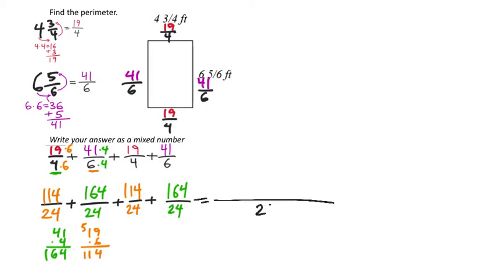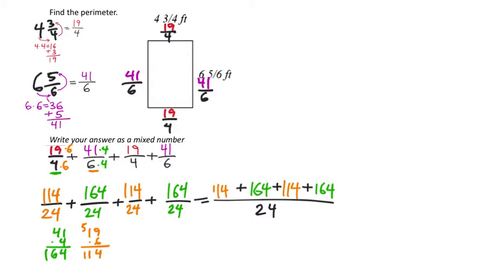Make this a little bit longer. So we're still adding with denominator 24. So let's go and put in those 4 values, right? First was the orange 114, then the green 164, then the orange 114, and then the green 164. Now you could add these all at one time, right?